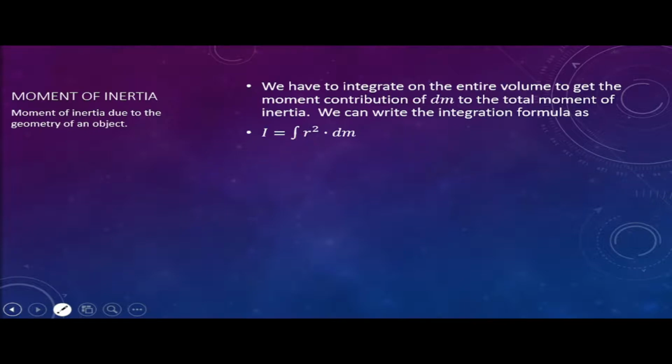Then we substitute our formula for dm, which is rho dV, and we can rewrite it as I, the moment of inertia, is equivalent to the integral of r squared times the density times dV. Because we assume that the density is constant, we can rewrite it outside the integral, and we just need a factor that enables us to integrate over the entire volume.